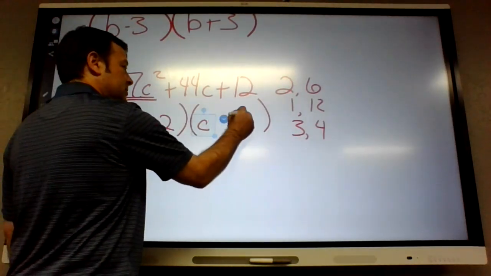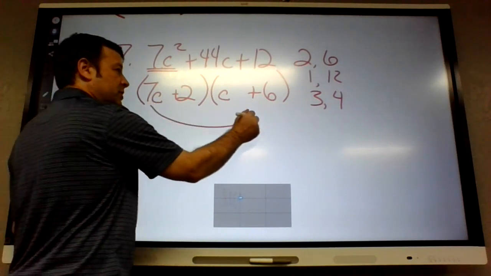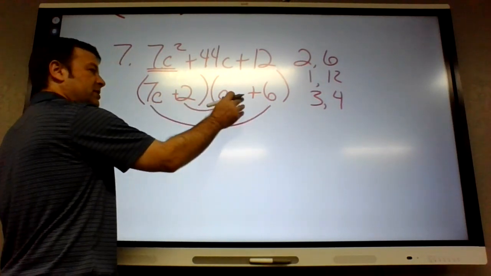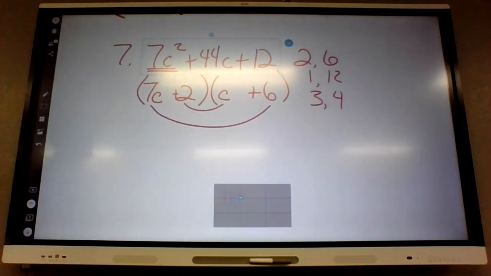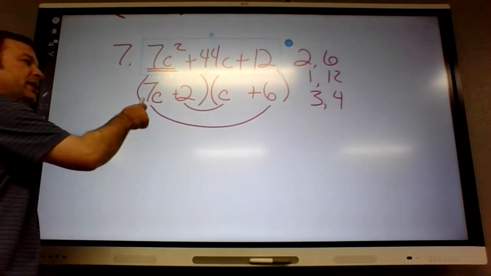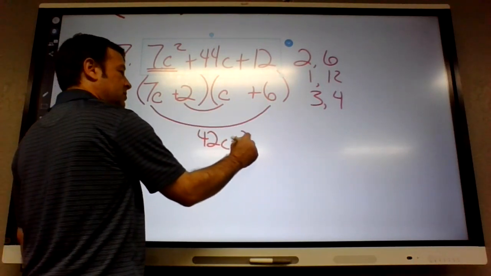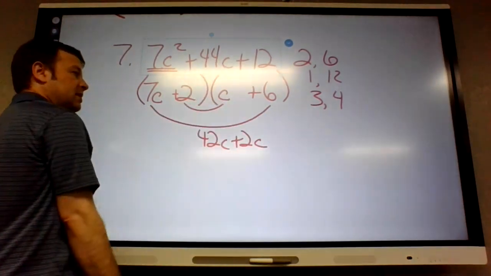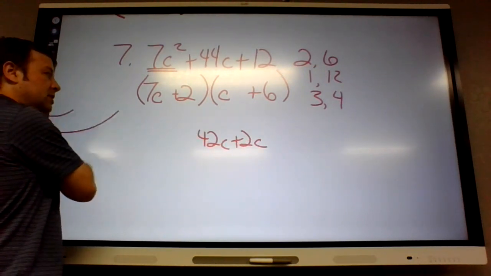She said it was her first guess, 2 and 6. Okay, how do you check? Basically you FOIL it. You don't have to do the whole FOIL though. Really you just need the outside and inside and see if that gives you 44c. So the outside right now is 42c and the inside is 2c, and that does add up to 44c. So it is correct.